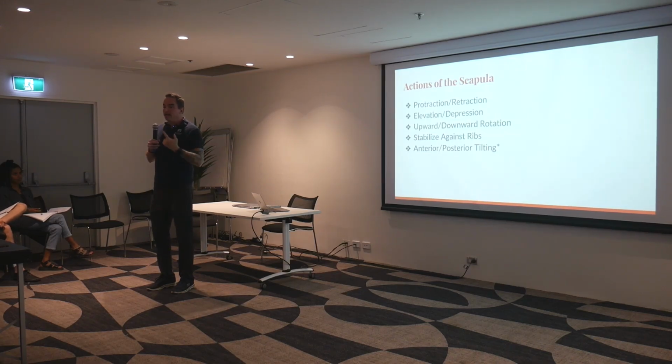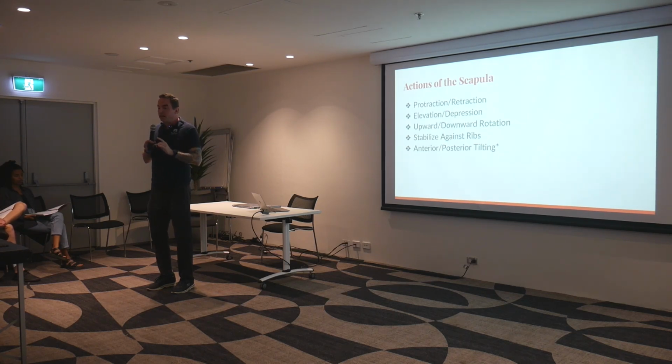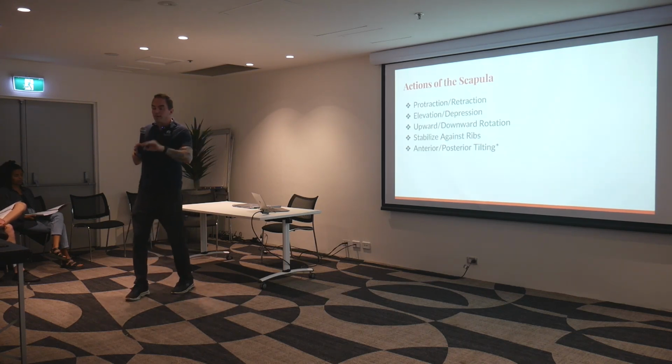And then levator has to tighten to avoid too much upward rotation from serratus anterior. Levator is a downward rotator. So the two downward rotators, the levator and the rhomboid, engage to fight against upward rotation from the serratus, and thereby stabilizing the scapula solidly against your rib cage as a platform.